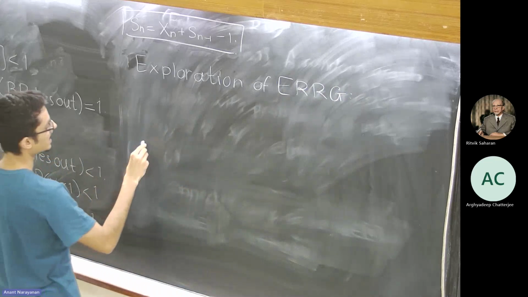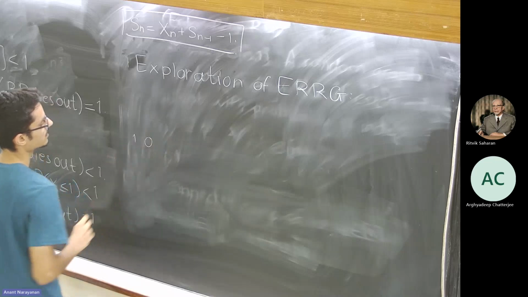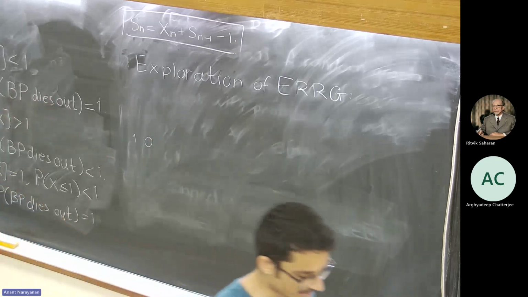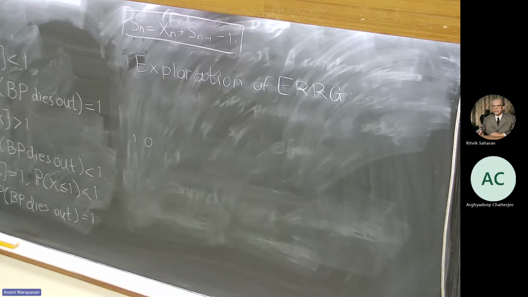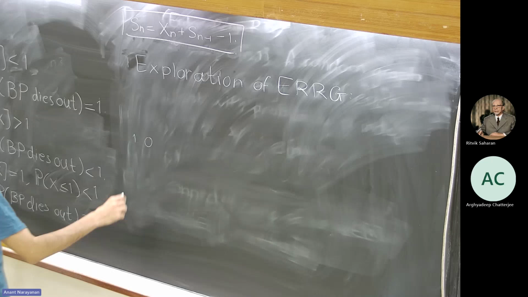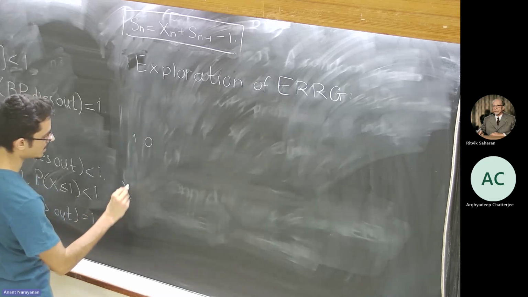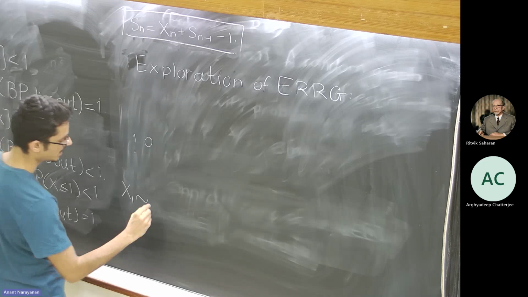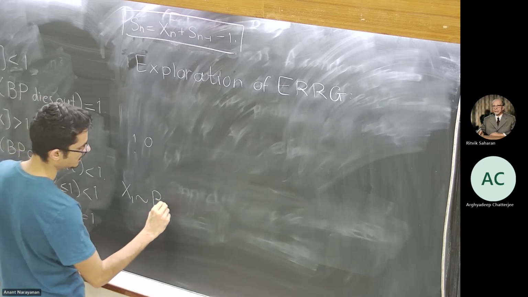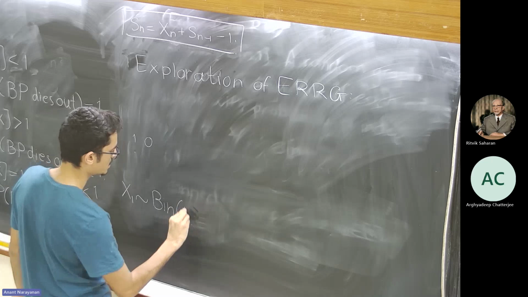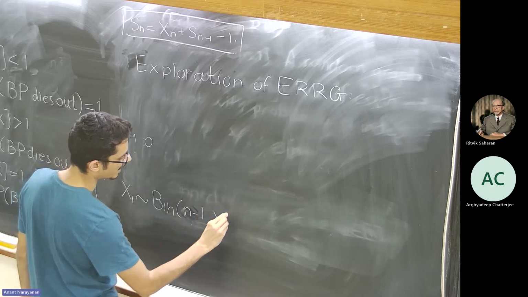So what I do is, let's say I start from vertex 1. Now I have n minus 1 many neighbors to choose from, and each of them has a connection probability of lambda by n. So the number of children of 1 would be binomial(n minus 1, lambda by n).